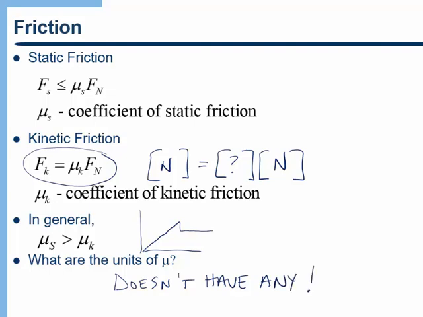And the reason for that is, you'll notice, really what mu is, and I'll write it out for mu k, it's just the ratio of how much friction you get for a given normal force. And therefore, we're taking newtons and dividing by newtons. So no units for the coefficient of friction.